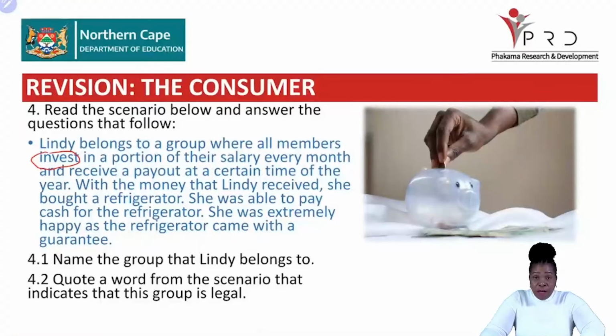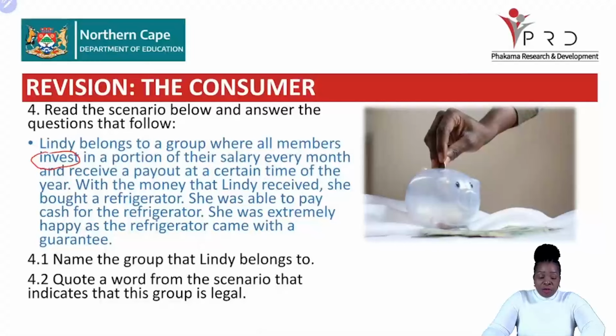With the money that Lindy received, she bought a refrigerator. She was able to pay cash for the refrigerator. Why? Because she had saved money, or she had invested her money. She was extremely happy as the refrigerator came with a guarantee.